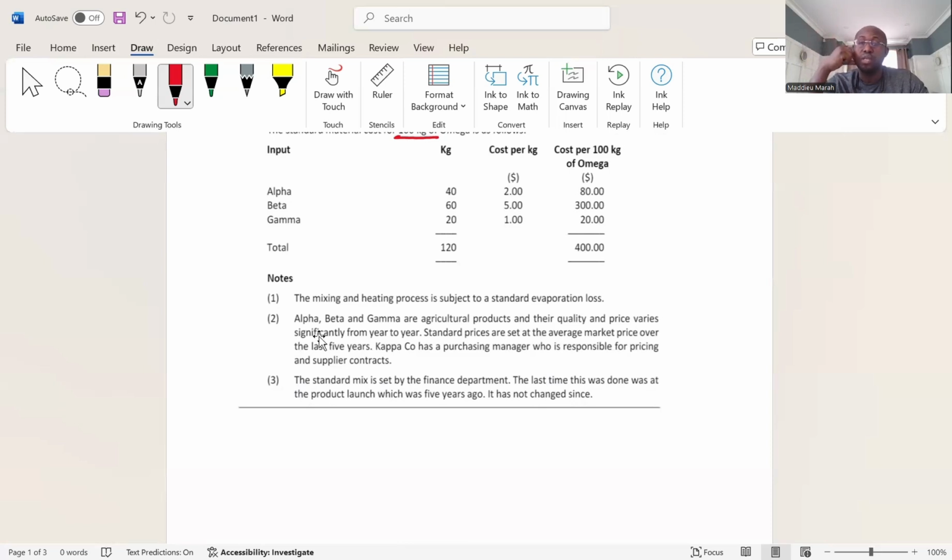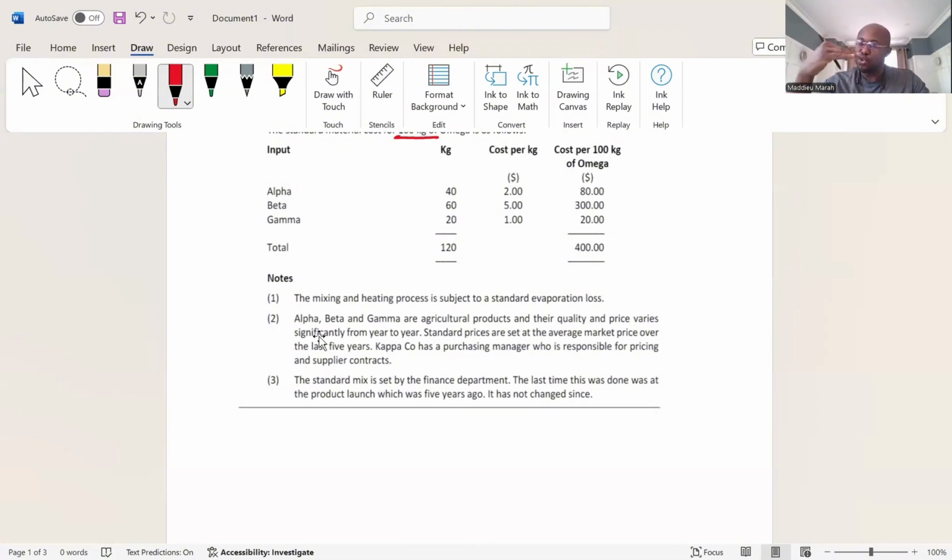Let's continue to read. Kappa Co has a purchasing manager who is responsible for pricing and supplying contracts. The standard mix is set by the finance department. The last time this was done was at the product launch, which was 5 years ago. It has not changed since.